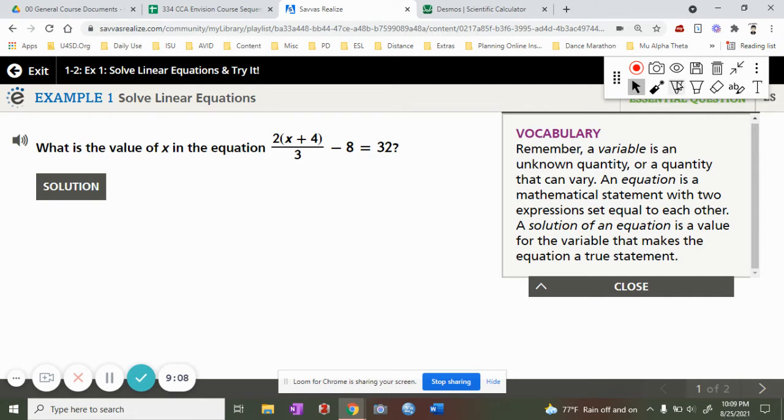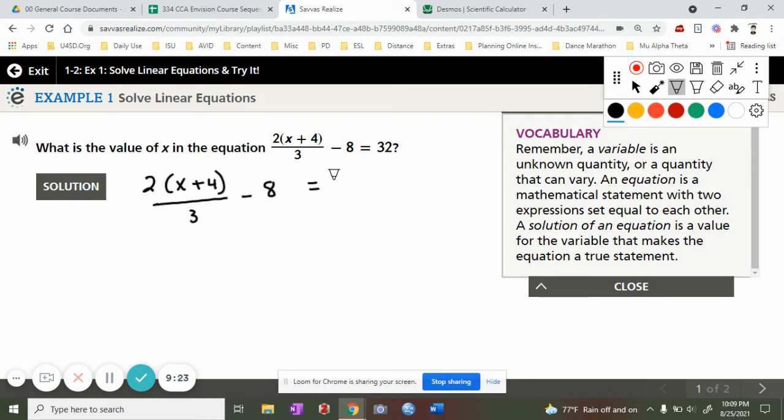Okay, so let's walk through this piece by piece. So we have 2 times the quantity x plus 4, all divided by 3, minus 8 equals 32. Now my goal is to get this guy by itself.